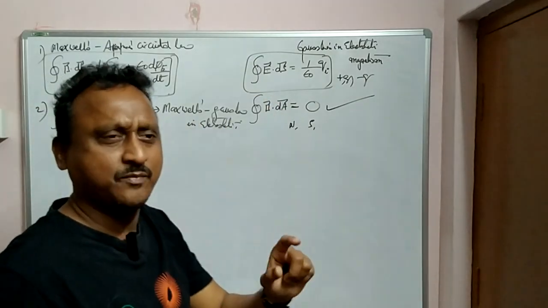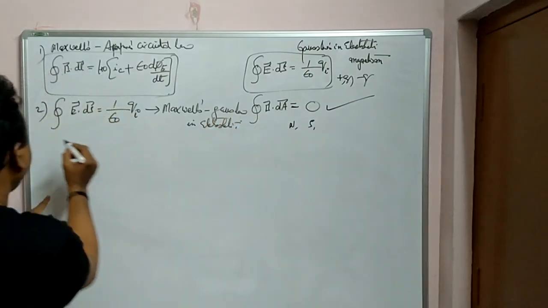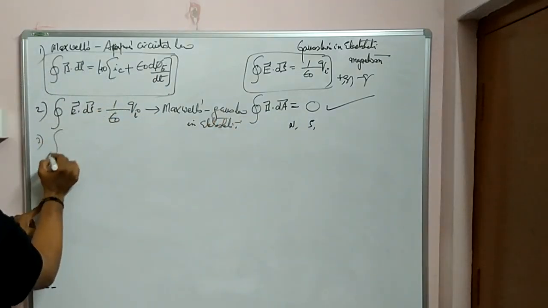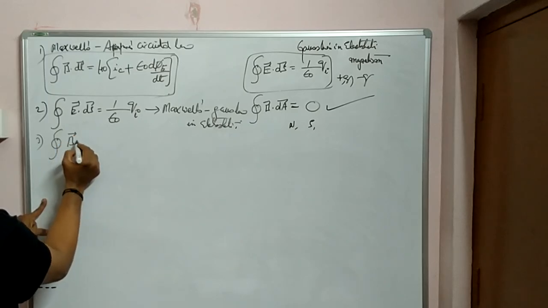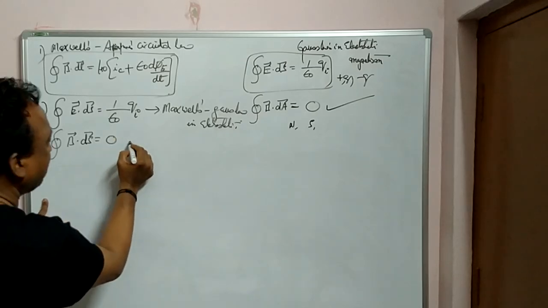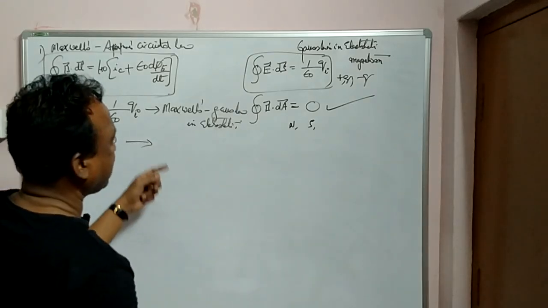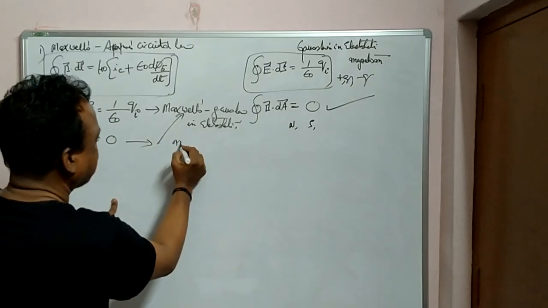And as magnetic monopoles do not exist, this is not familiar, but still we'll write it. So integration over here, instead of electric field intensity, magnetic field induction into dA or ds is equal to 0. Okay? So this is also what you can call Maxwell's Gauss law in magnetism.